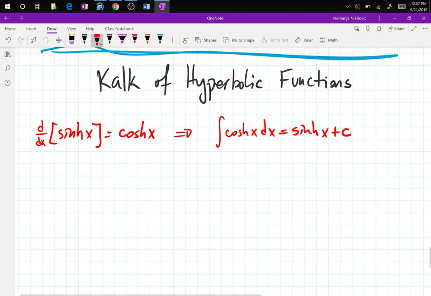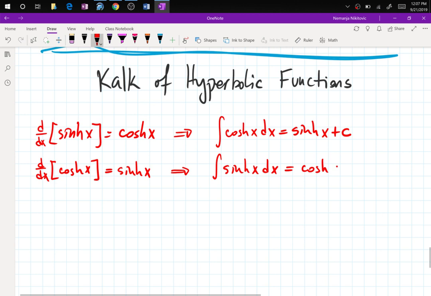The next is cosine hyperbolic x: the derivative of cosine hyperbolic x is sine hyperbolic x. And this is where the difference creeps in, because the derivative of cosine was negative sine. So no negative now. The integral of sine hyperbolic x dx is cosine hyperbolic x plus c. Again, no minus sign.